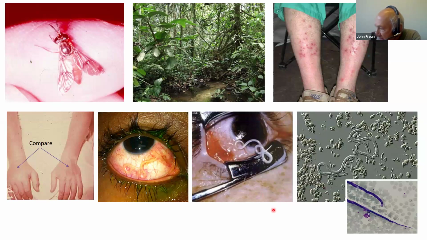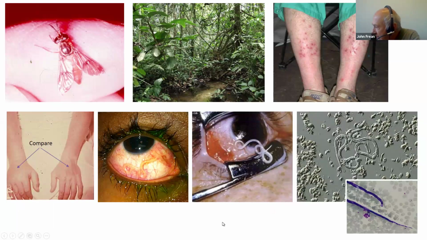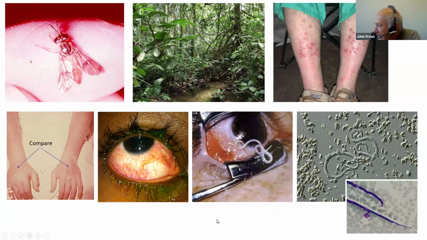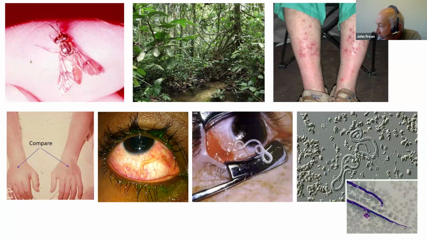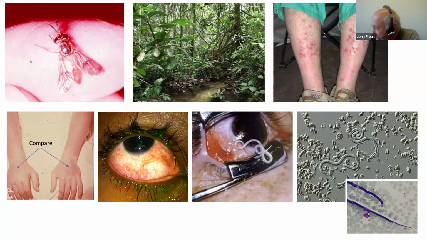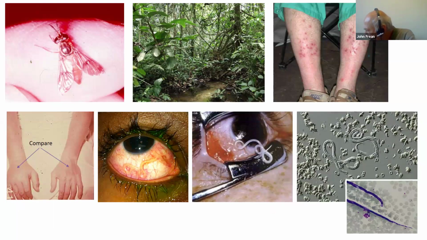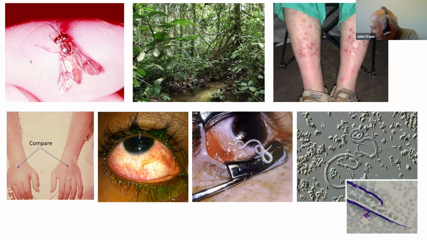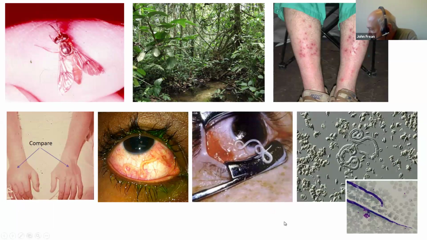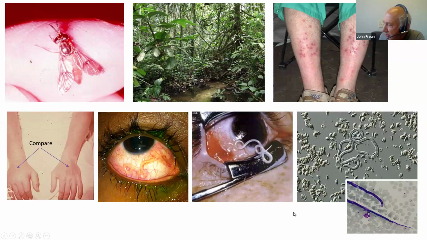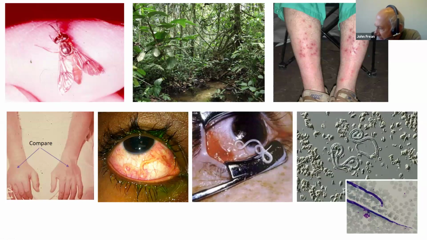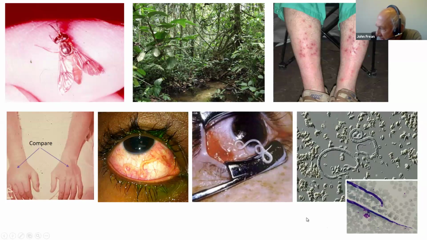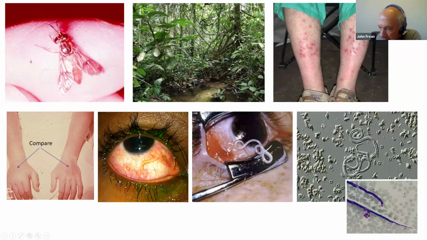So in a patient with a patent infection, in other words, producing offspring, if you look at the blood film, you might see on a wet prep the microfilariae swimming around, and on a stained blood smear at the bottom right-hand corner, that's the appearance of the microfilaria. Use the features of that to identify definitively the parasite.